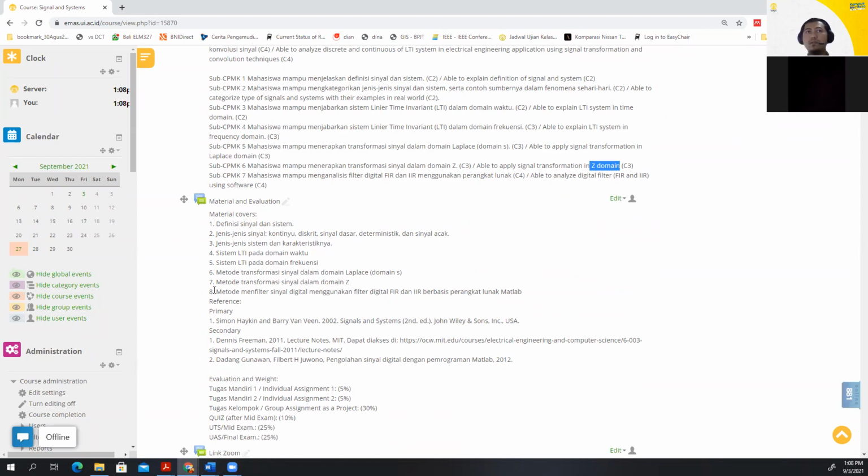Then also types of system and their characteristics, and the LTI system in time domain as well as frequency domain, and then Laplace and Z transform, and then designing a digital filter, either using FIR or IIR, based on MATLAB. But if you want to use other software, it is also permissible.